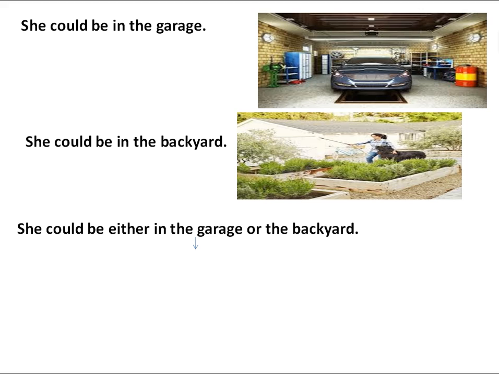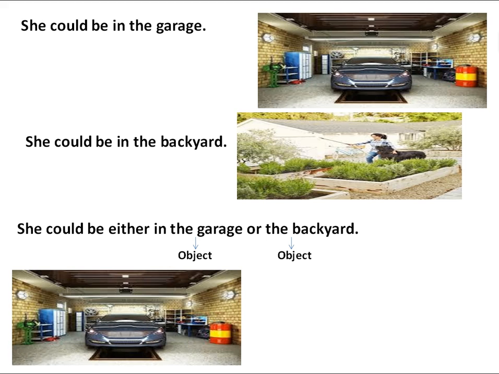So here in the garage is an object and the backyard is also an object. So how can we combine those two objects together using either or? We are putting on the choices here. She could be either in the garage or in the backyard.